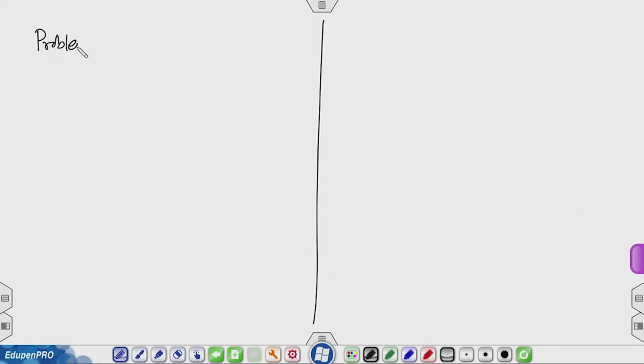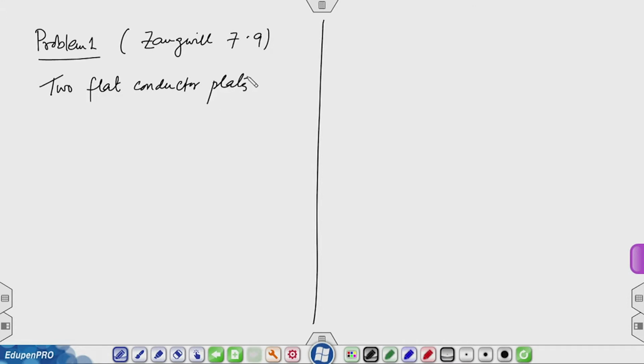Problem 1 is taken from Zangwill's book, 7.9 problem number, and it says 2 flat conductor plates which are infinite in extent occupy planes z equals plus minus d.